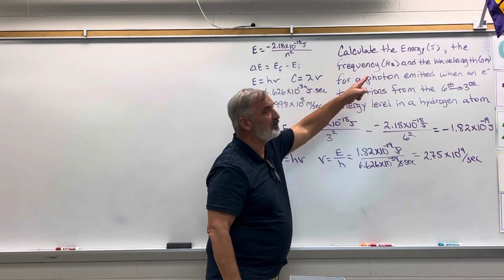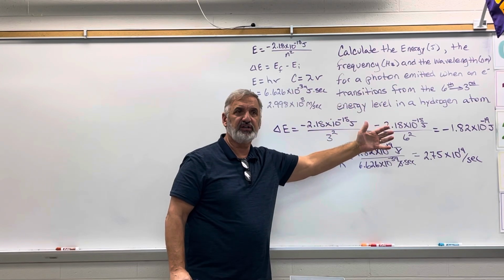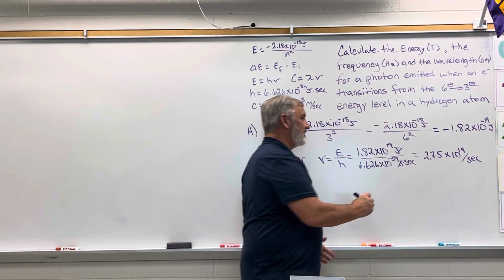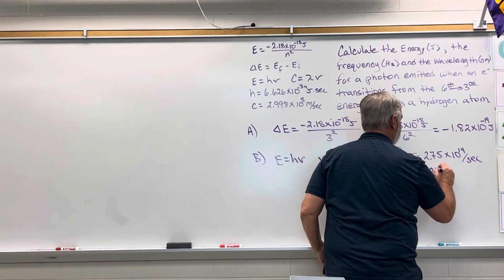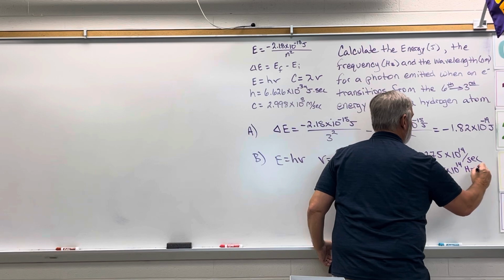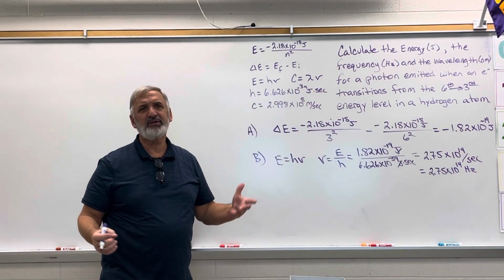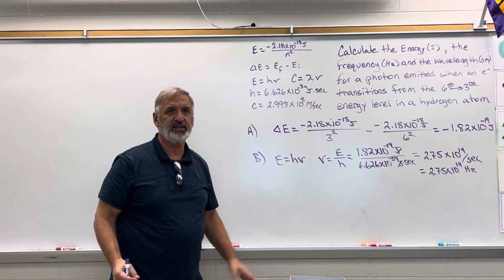But the question asks for it in hertz. Well, how does a per second relate to a hertz? It's the same thing. So it's 2.75 times 10 to the 14th hertz. Okay? Now, I'm just kind of making a point on that. I really don't care if you just leave it per second.